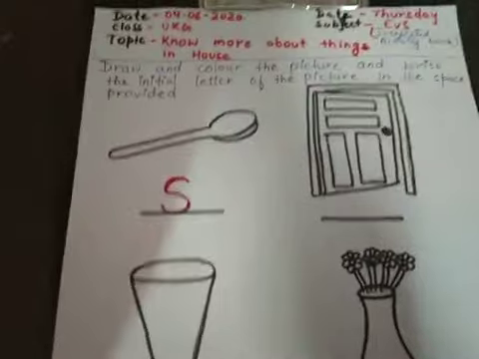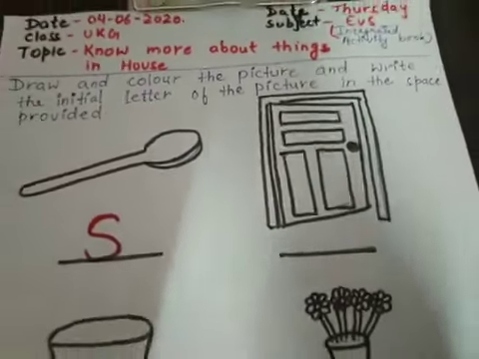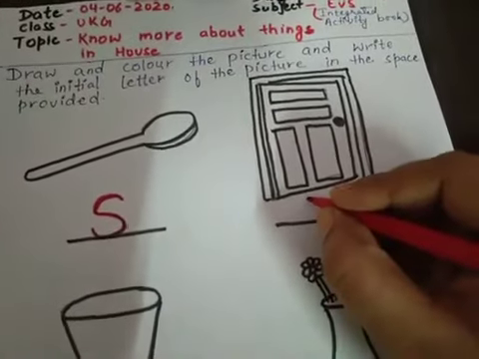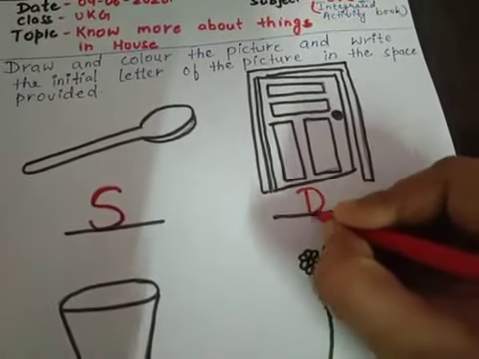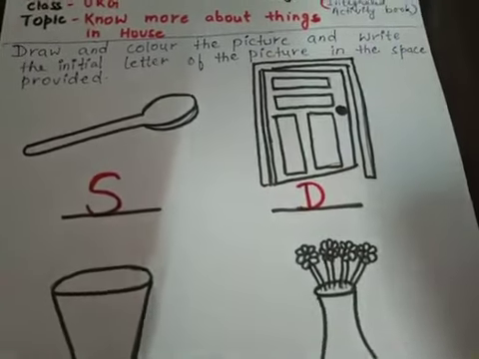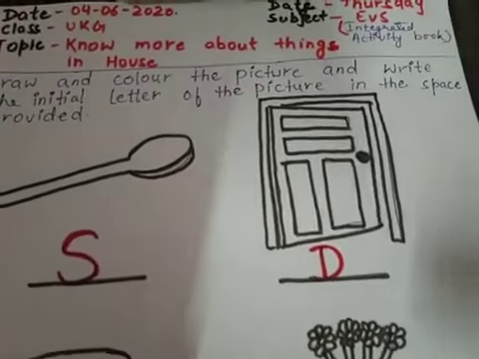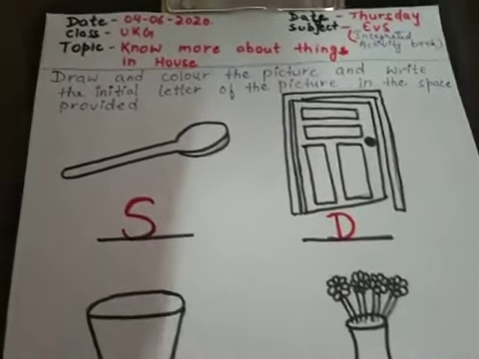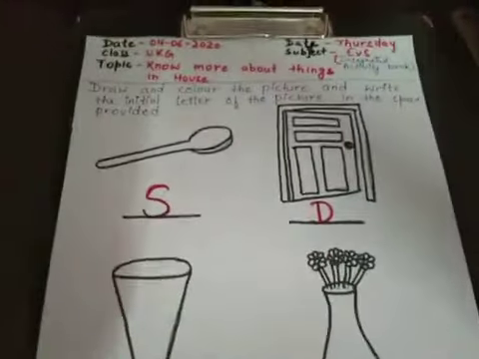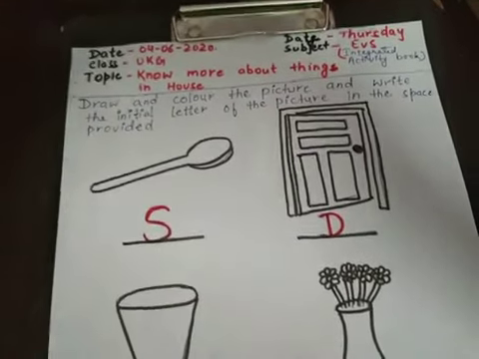Now the second picture, can you recognize it? Yes, the second picture is a door. Here you can write D. Like this, you have to write the initial letters of the pictures.